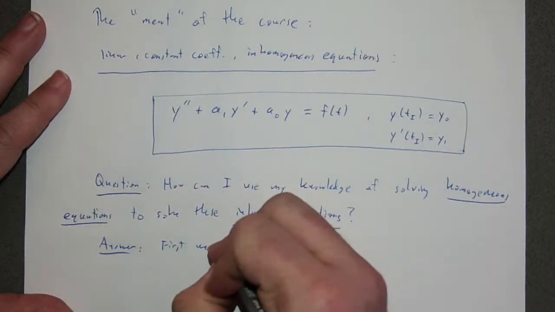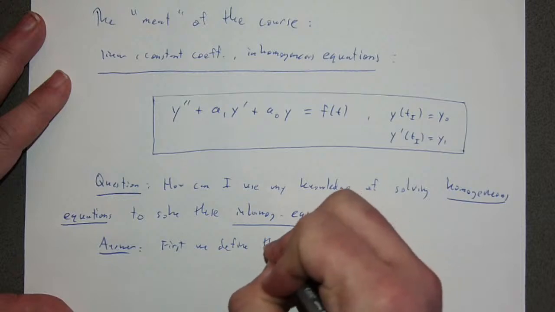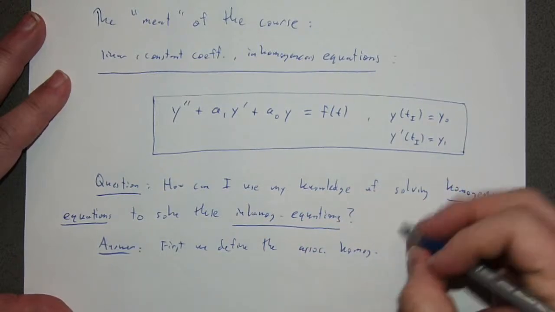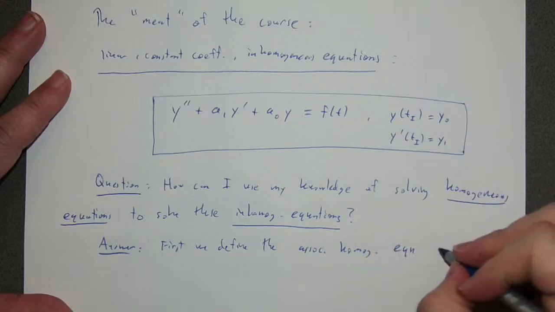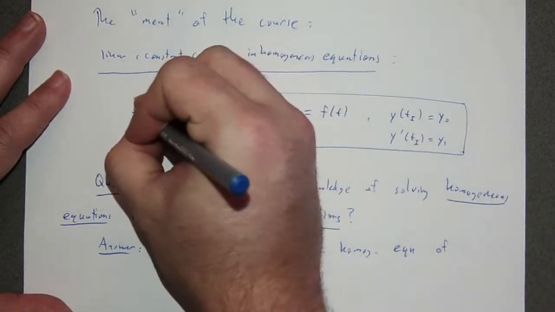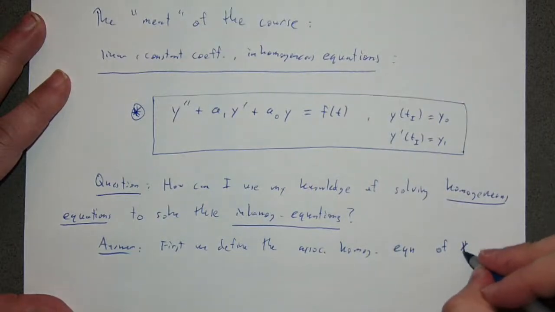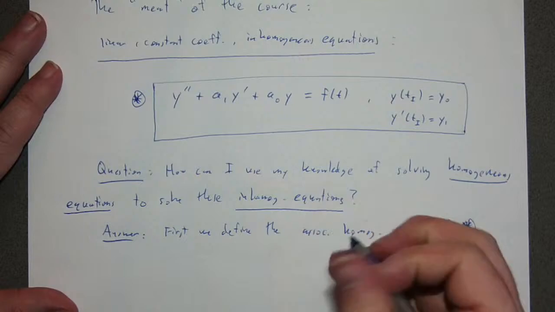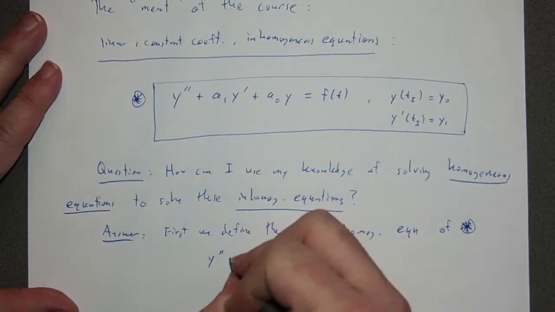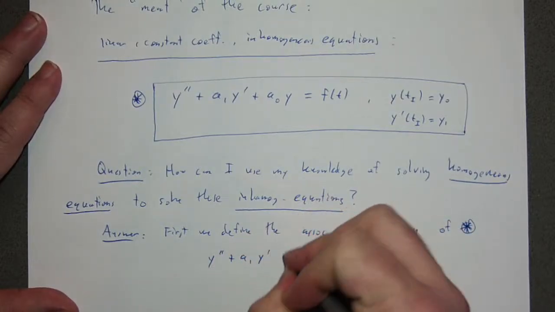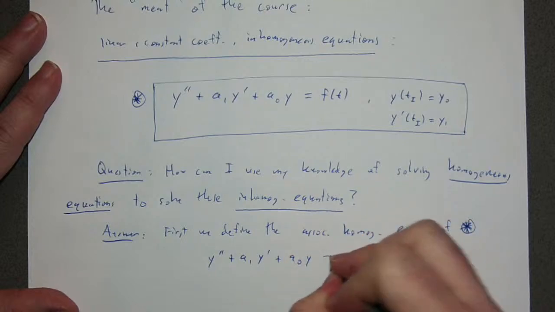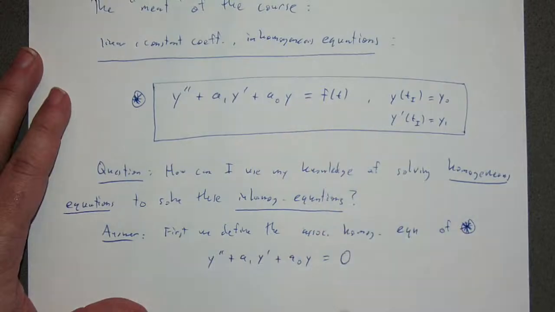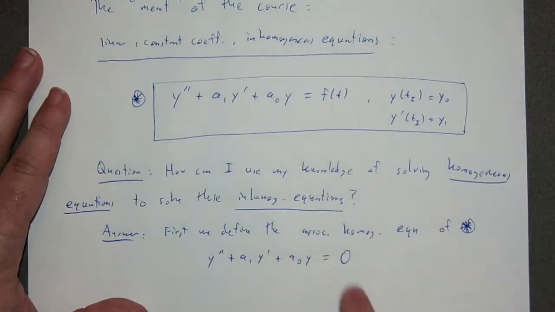we define the associated homogeneous problem. So the associated homogeneous equation of this, we'll call this asterisk or star. What is the associated homogeneous equation of this? The associated homogeneous equation would be this thing. So you just take this equation and you replace the right-hand side function with 0 instead.